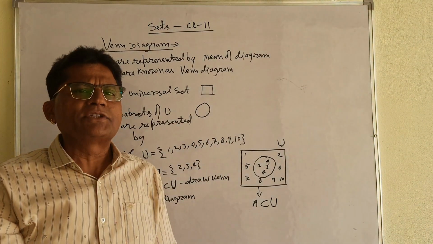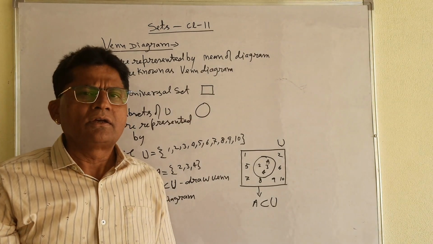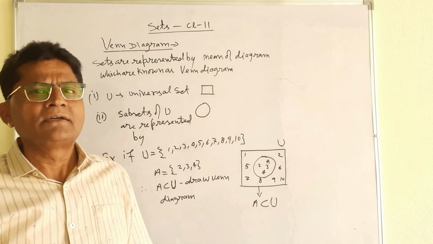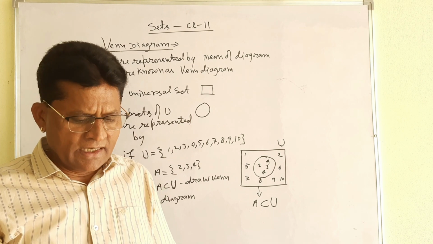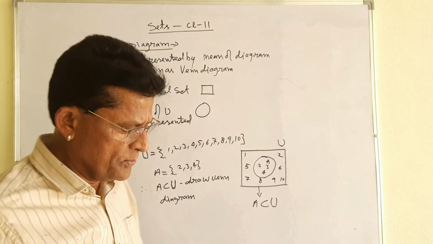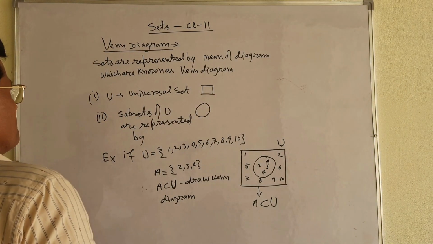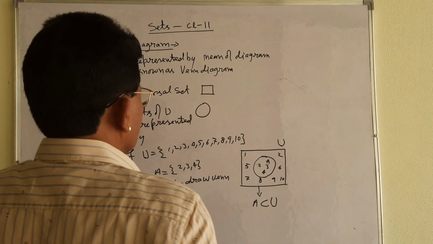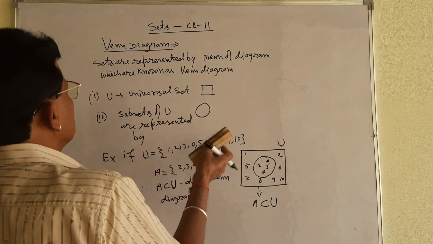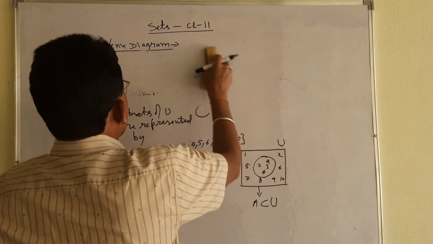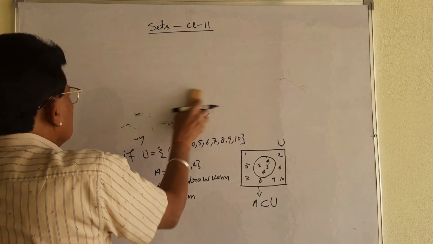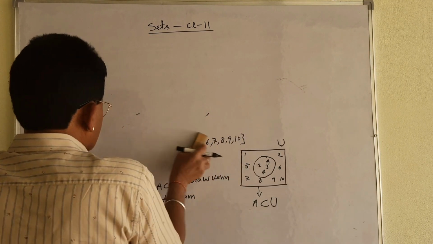Let me take another kind of things: union of two sets, intersection of two sets, disjoint sets, difference of sets. I will take operation on sets. I am just going to remove the Venn diagram from here, because I will take the operation on sets.